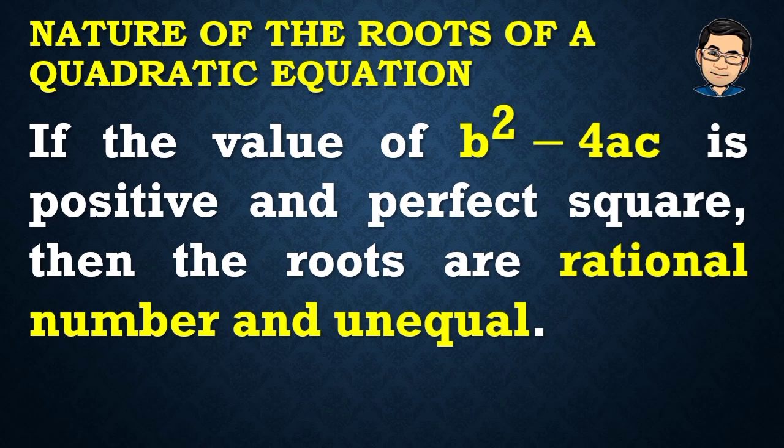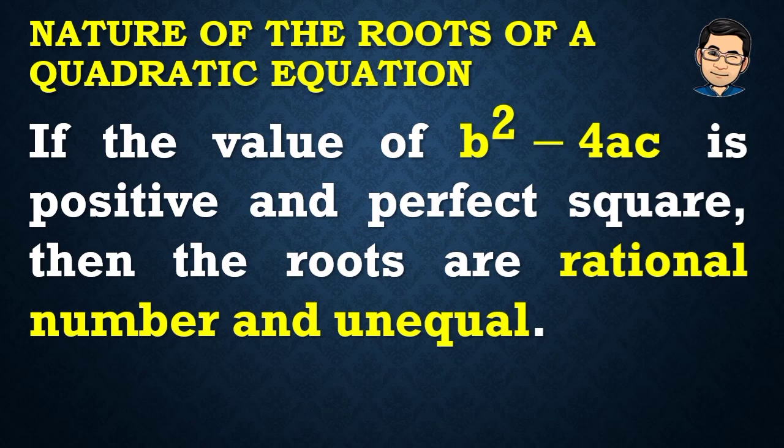Okay. So again, kapag sinabi nating perfect square, ito yung pwede nating kunin yung square root ng isang number na walang decimal na kasama. Like for example, the square root of 25, that is 5, the square root of 100, 10, and so on. And then kapag ganun daw na positive yung nakuha nating discriminant and perfect square, yung roots natin ay rational number and unequal.